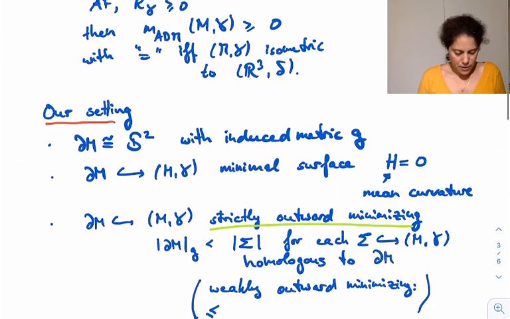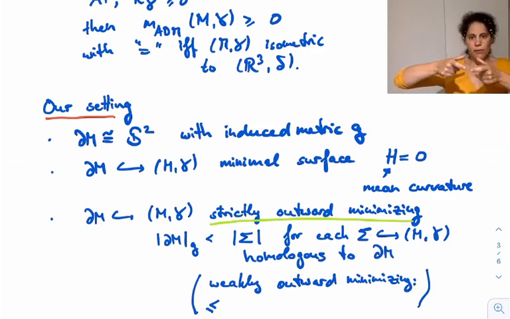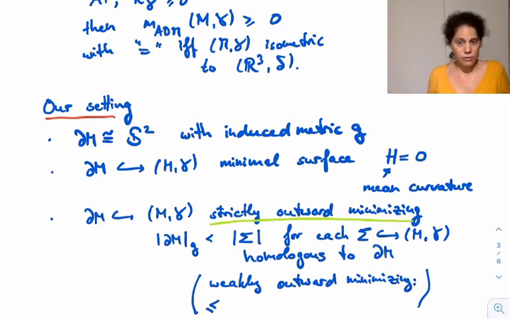Now, our setting is not this fully geodesically complete setting, but instead we do have an inner boundary, which is diffeomorphic to S2, and we'll denote the induced metric by g. This boundary sitting inside our 3-manifold will be a minimal surface in the sense that the mean curvature H is going to vanish.